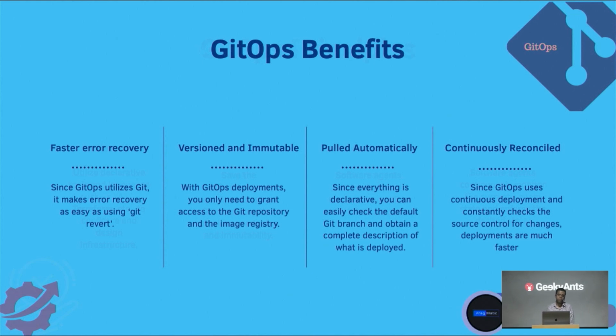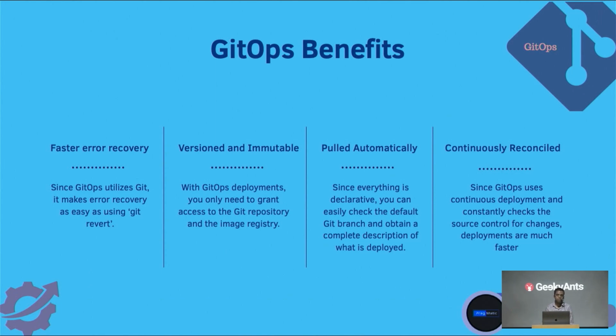Apart from that, you need to give it access to the repo it is going to store or pull this data from. So that's it. You don't have to give it a lot of access controls, a lot of access which is not required. So it keeps things very simple. And since everything is managed in a Git repo, the error recovery is also pretty fast.